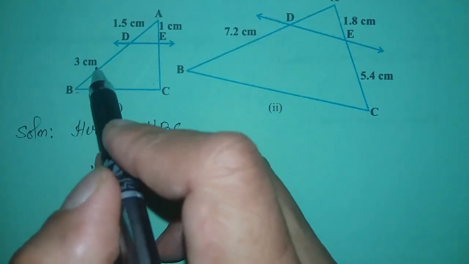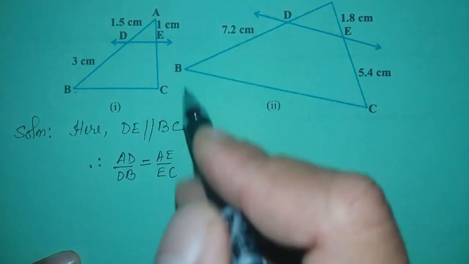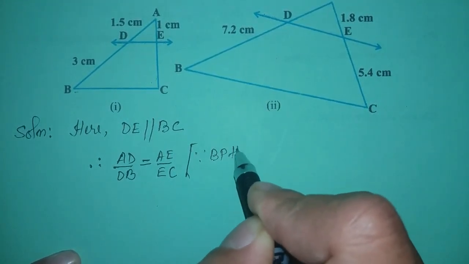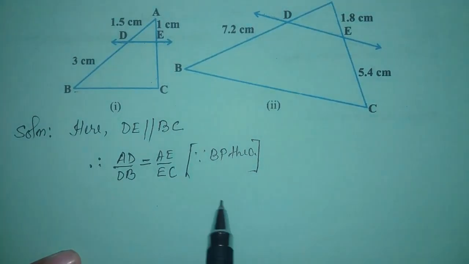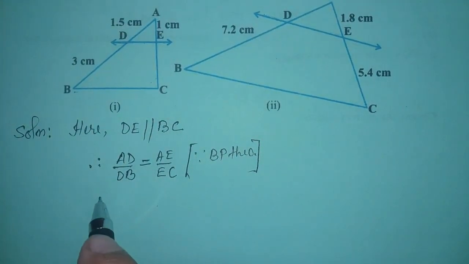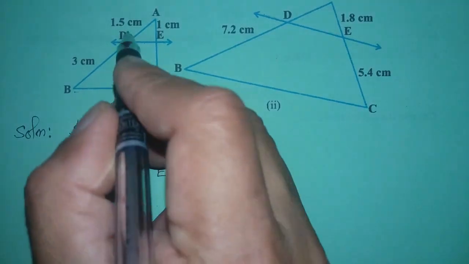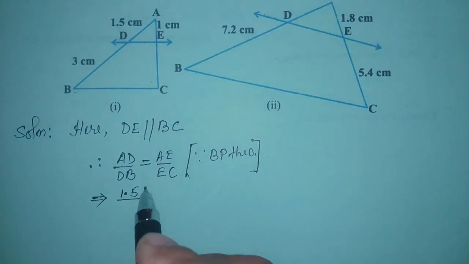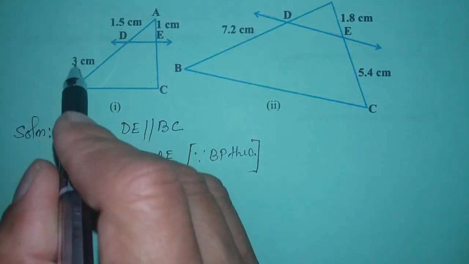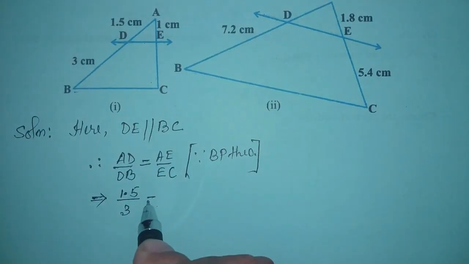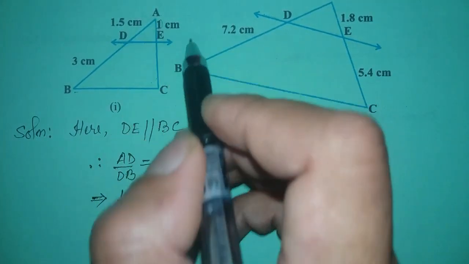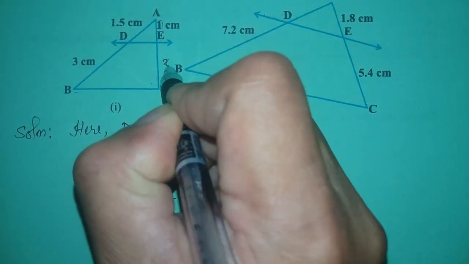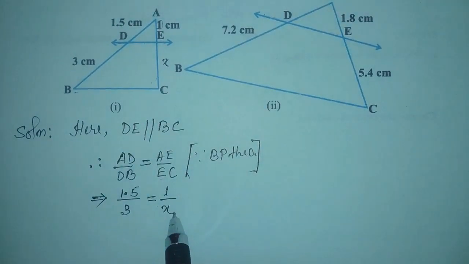This is the basic proportionality theorem. Now AD is 1.5 and DB is 3 and AE is 1 and EC we don't know, so let's call it X. EC is X.